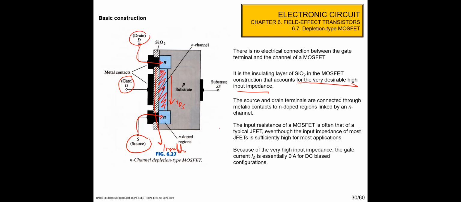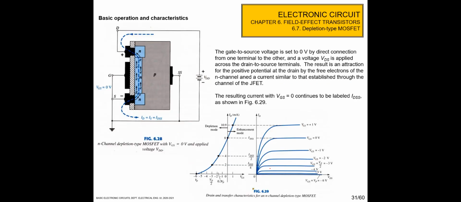Because the insulator is located between the gate and the channel, the current IG is essentially 0 amperes for the DC biasing configuration. So this is the basic configuration, operation, and characteristic.